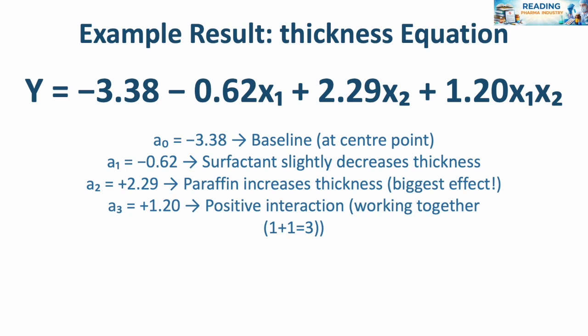a2, in this case of plus 2.29, shows paraffin. Look at the value 2.29. It shows that the paraffin has increased the viscosity.